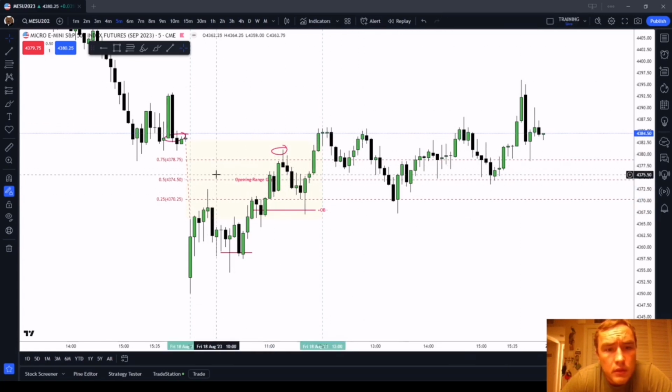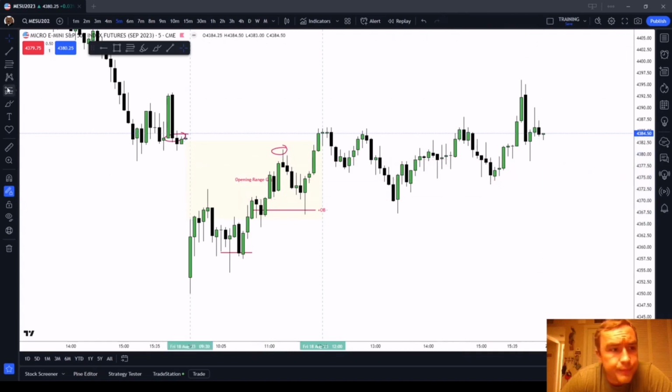Then we have a fair value gap here. So coming into the lunch session from 1200 to 1330, we had sell side liquidity, which was located here.